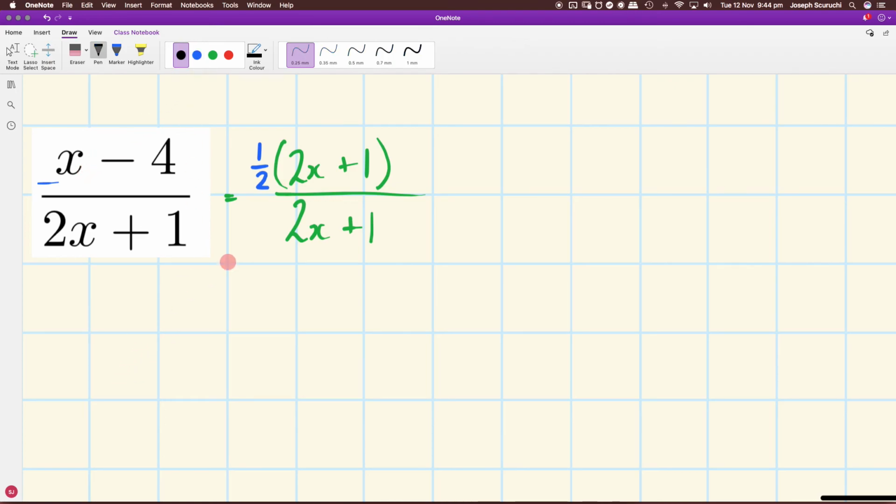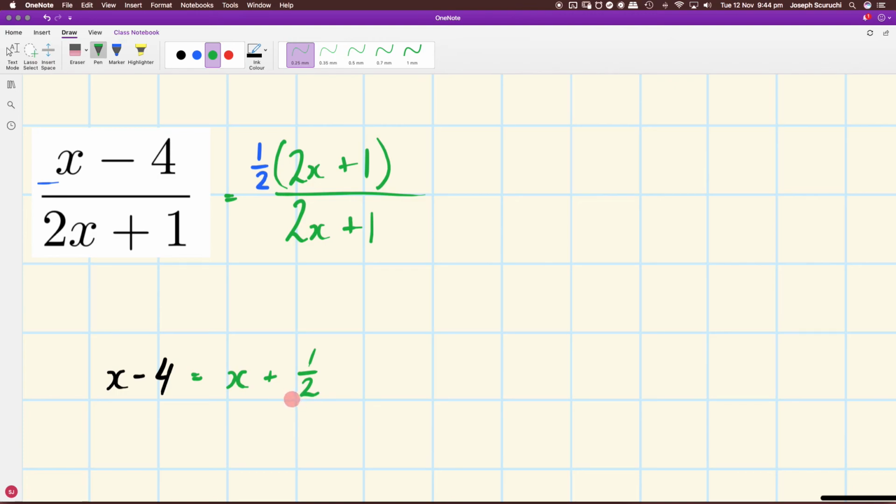Therefore, if I was to do a line representing me equating my two numerators, I would get x minus 4 for my left-hand side equals, after I expand out with this 1/2, I'm going to get an x here because 2 times 1/2 is x, and then a half times 1 is plus a half.